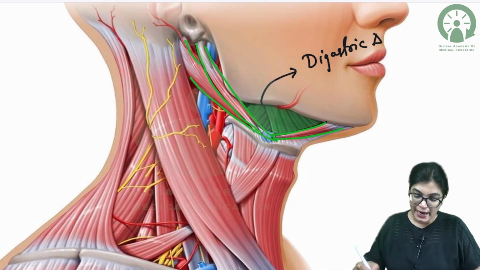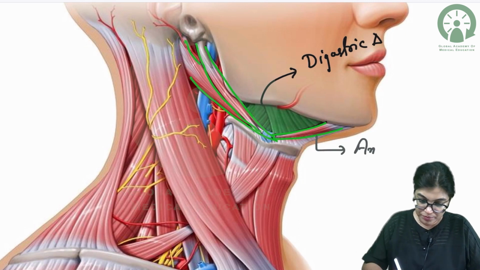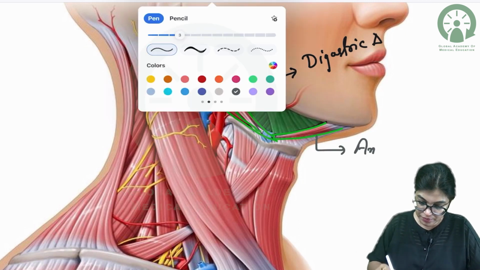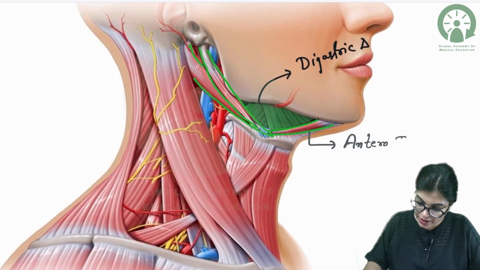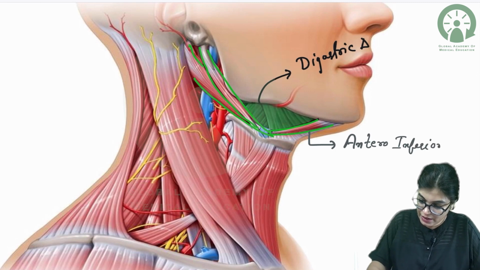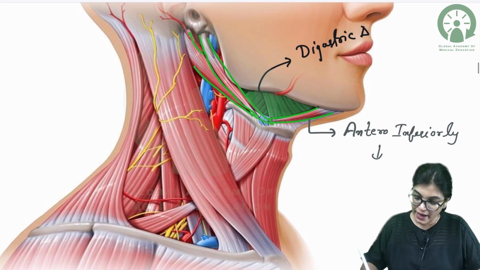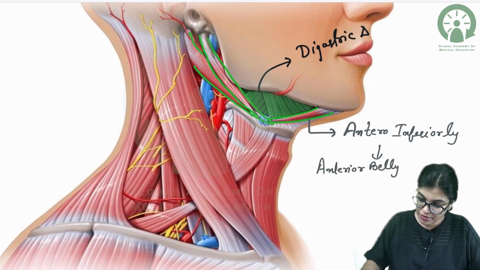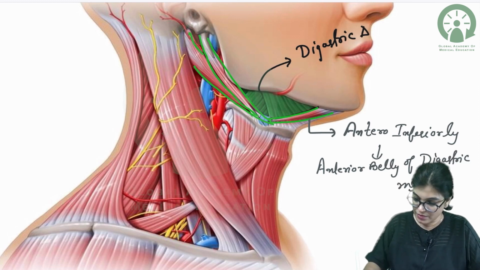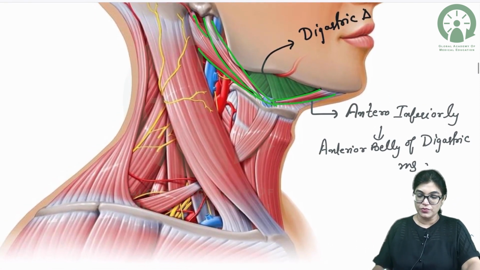Antero-inferiorly it is bounded by the anterior belly of digastric muscle. Please note down, it is bounded by the anterior belly of digastric muscle, antero-inferiorly.